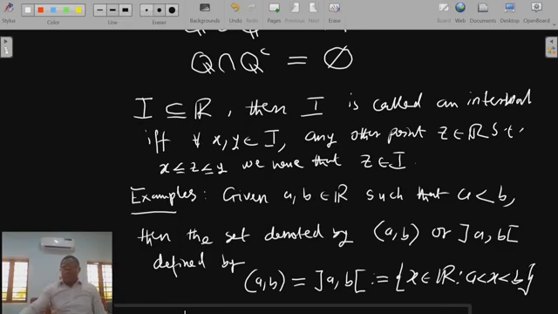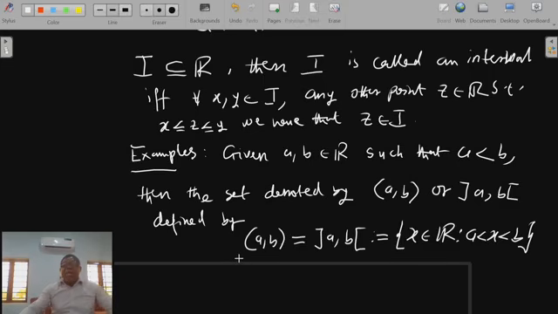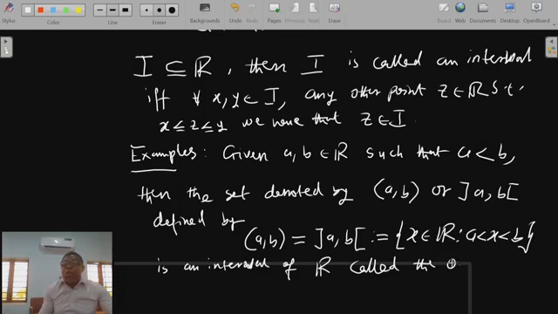is an interval of R, and this interval is called the open bounded interval.